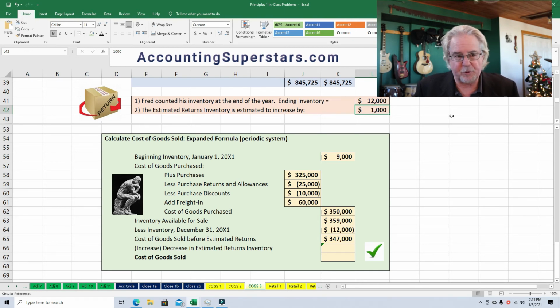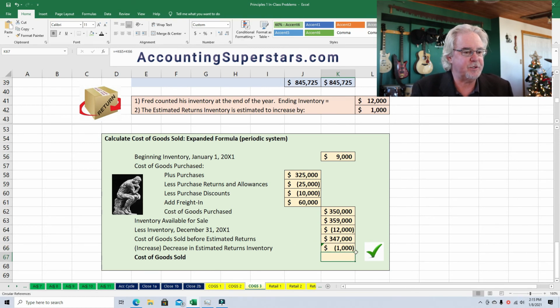Now, right at this point in time, this is all an estimate. The store doesn't know who's going to return things or what's going to get returned, but based on past experience, probably about $1,000 will be returned. So what we'll do is we'll take that $1,000 and we're going to deduct it away from the cost of goods sold. We're going to have it reduce the cost of goods sold.